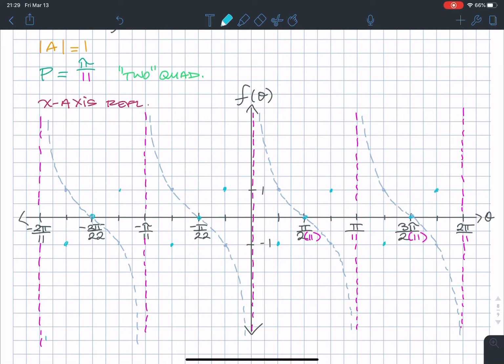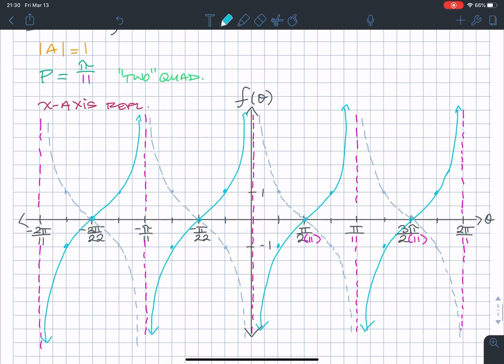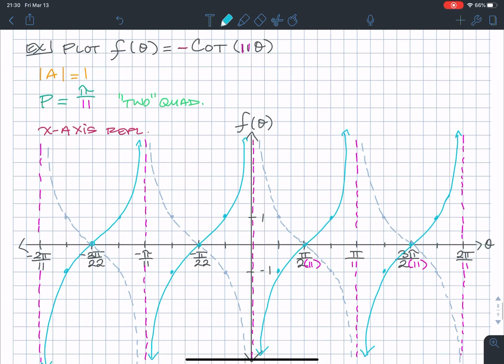So what happens is now we get a graph going uphill in reading direction, which looks very similar to tangent. The only difference now is that tangent had its asymptotes at pi/2, or the first quadrant, and the third quadrant, whereas cotangent has them at 0 and pi, or the second quadrant. Okay, so this is a graph of minus cotangent of 11 theta, and I hope this makes sense to everyone.